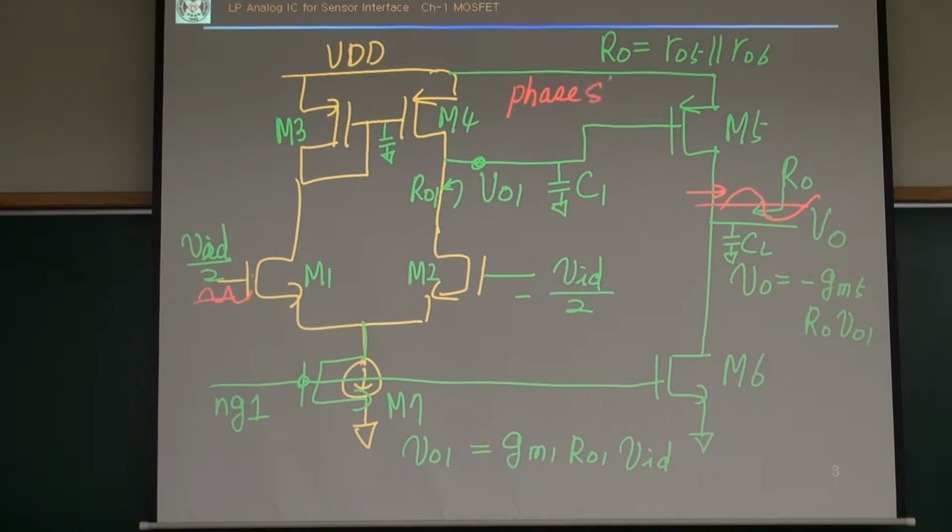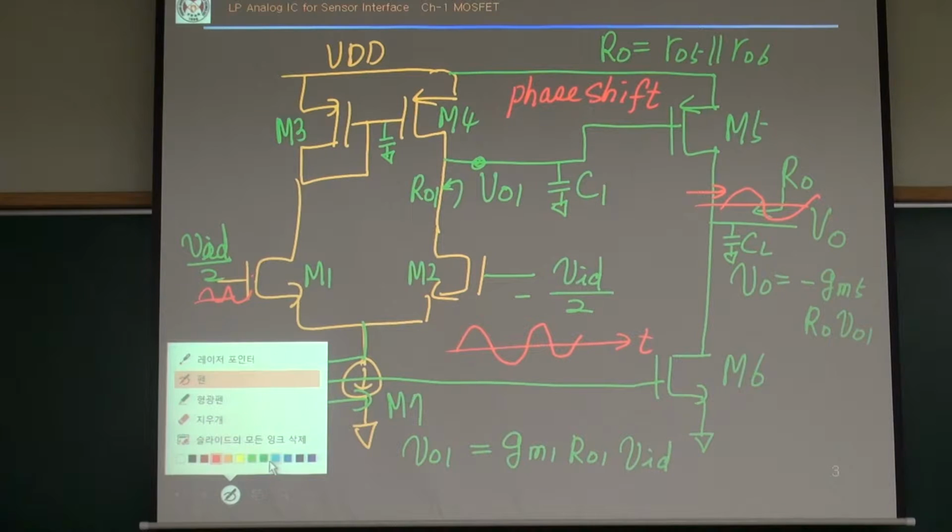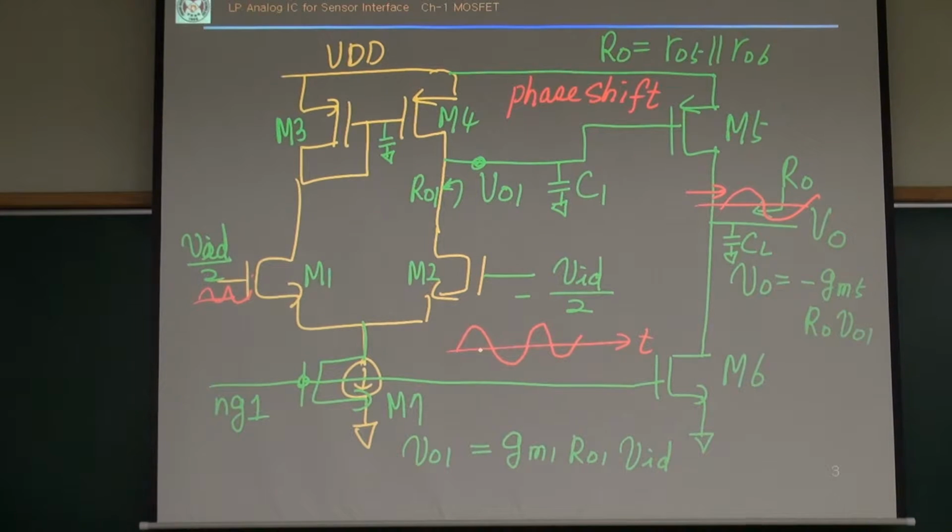On the time axis, this is my input, then my output looks like that. The output is delayed, at the same frequency, because of those capacitances. That phase shift causes a problem if I apply this back to the input by feedback.